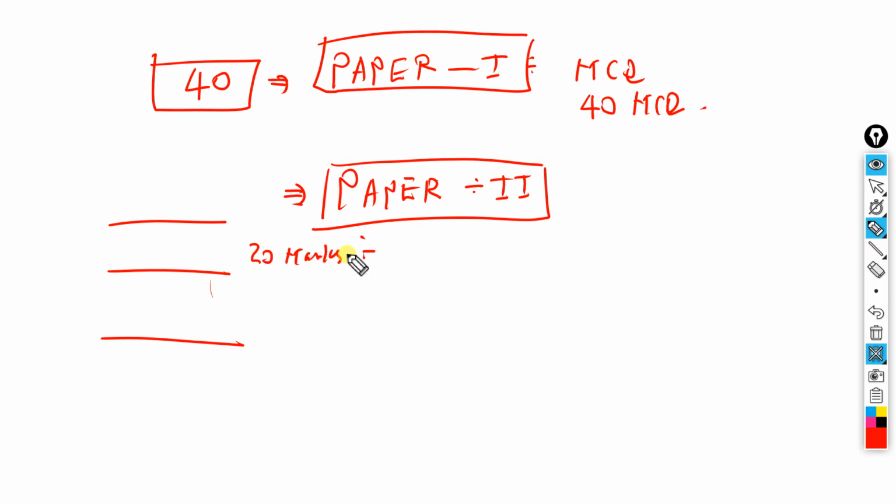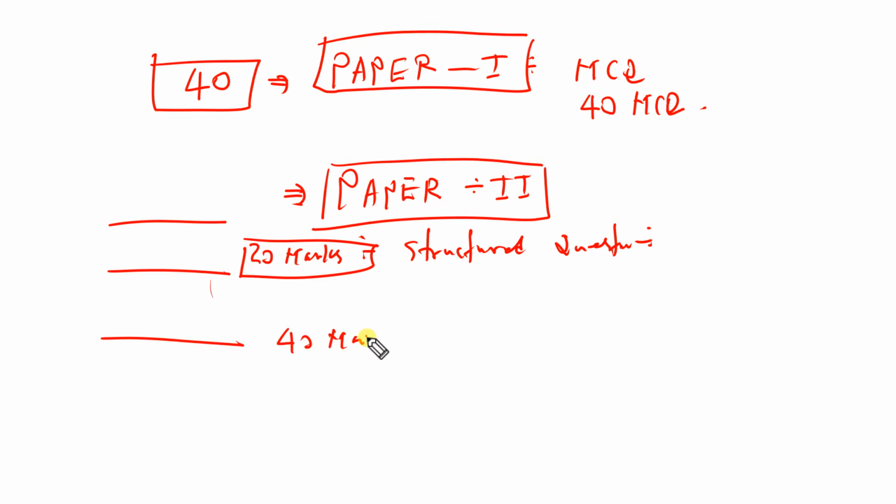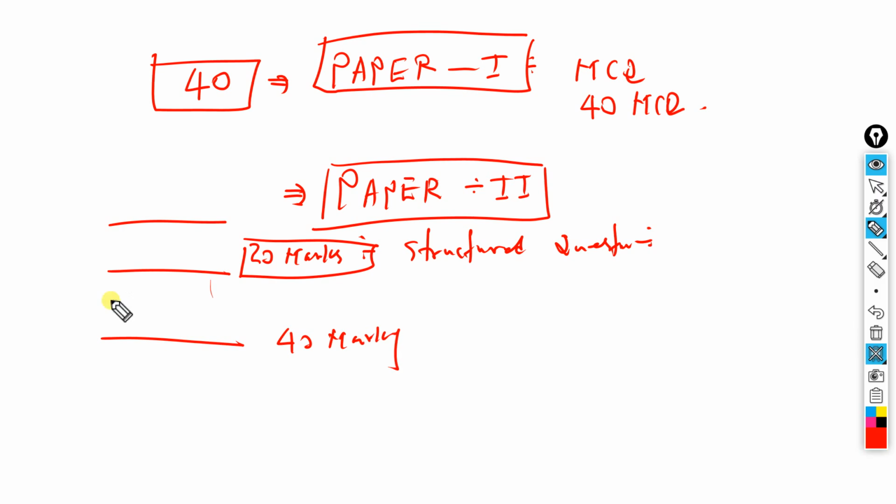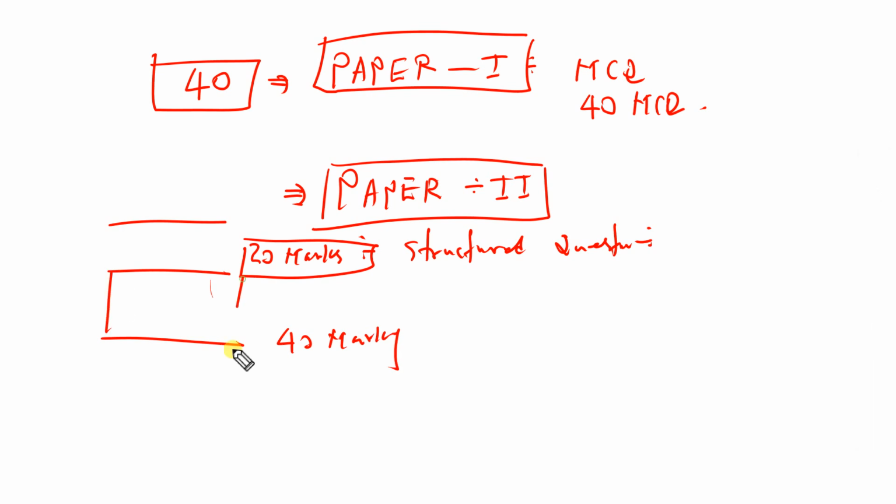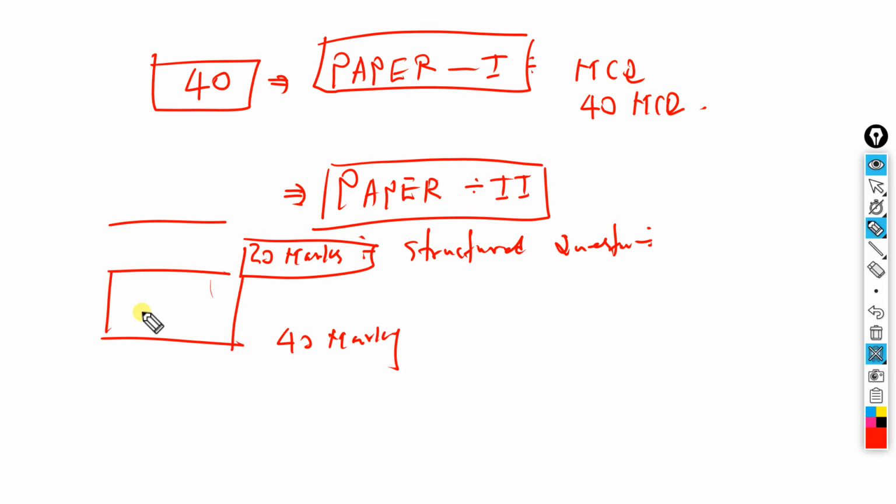That means there are structured questions, and you mostly have to write on the paper itself. 20 marks, this is compulsory. Then another 40 marks will remain. That 40 marks will come from the other part, the essay type questions.